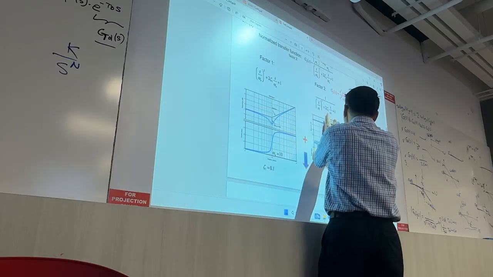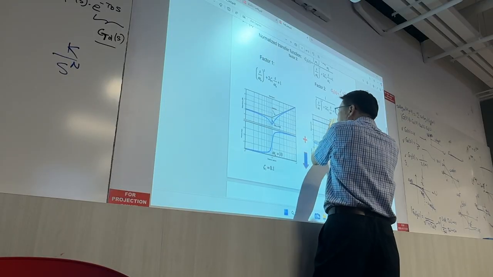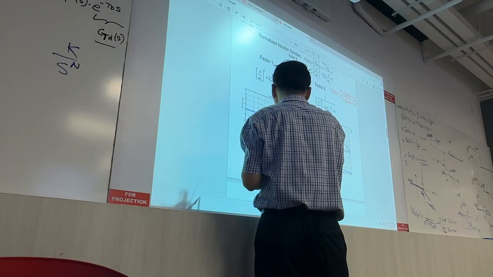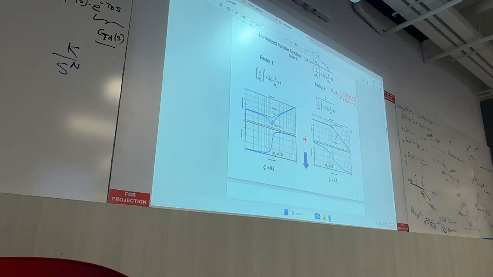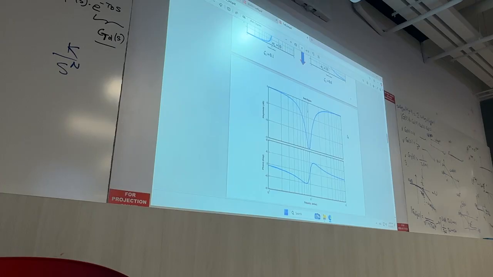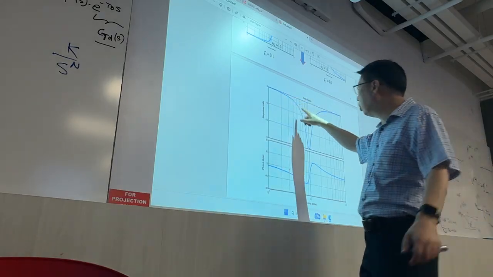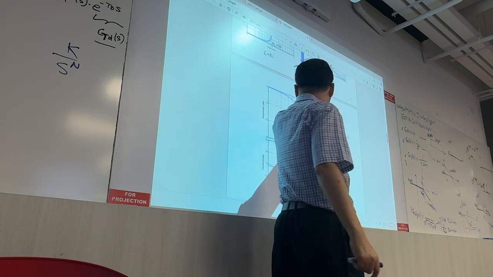Here there is no peak. When you add this portion to this portion, then you're going to see a dip. You see a dip here. So when you add them up, then the overall gain plot will have a dip here.